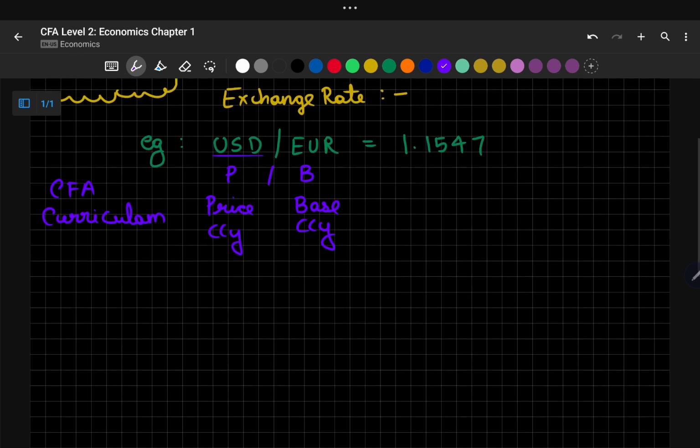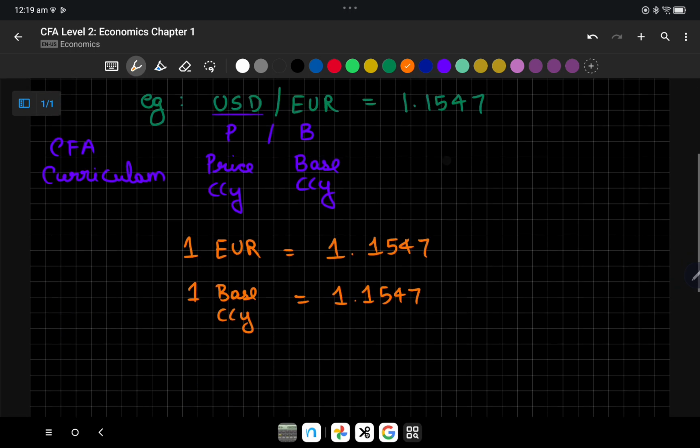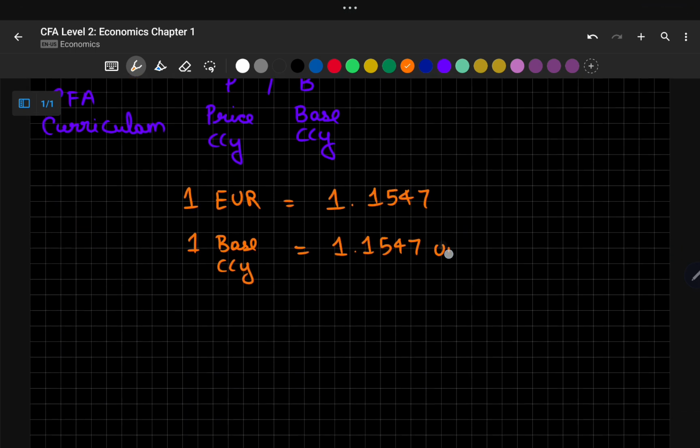This would mean that 1 euro is equal to 1.1547. That is, 1 unit of base currency is equal to 1.1547 units of USD, which is the price currency.